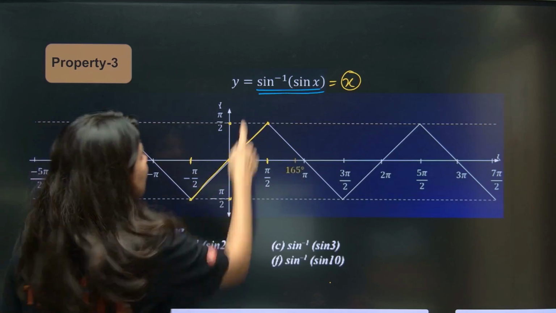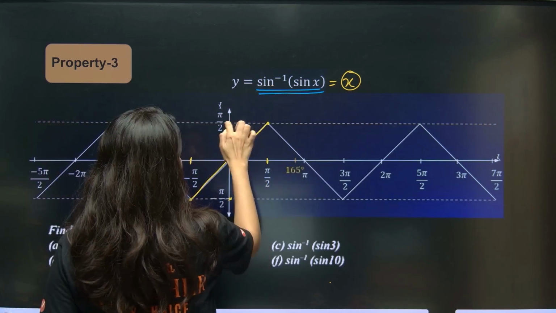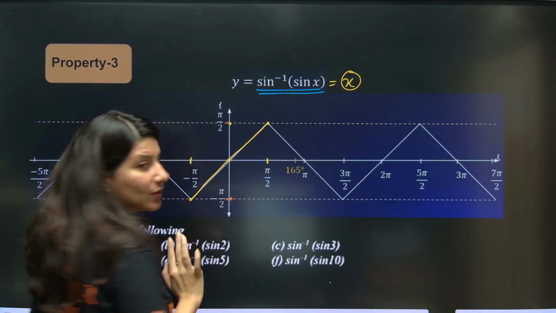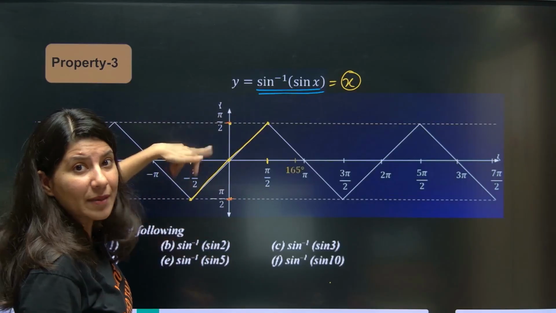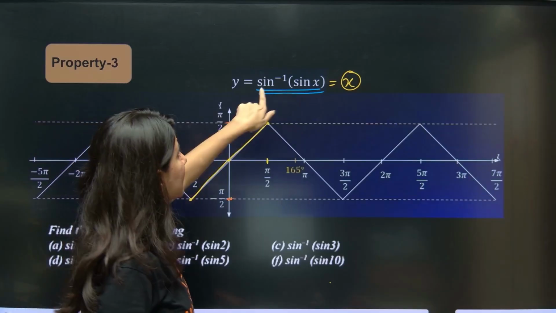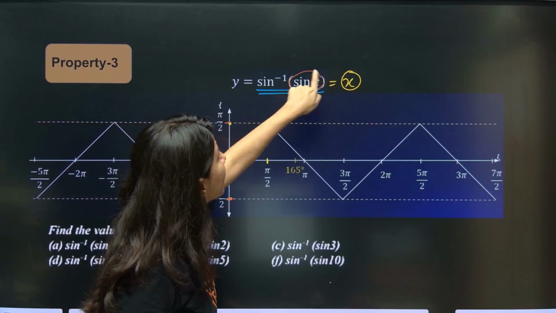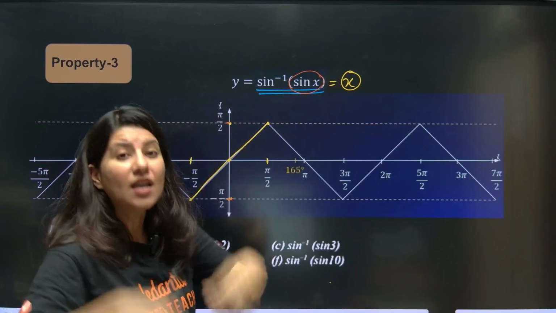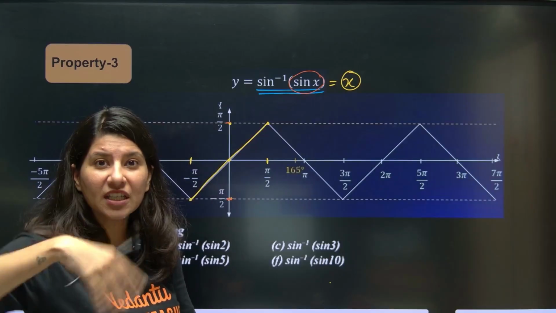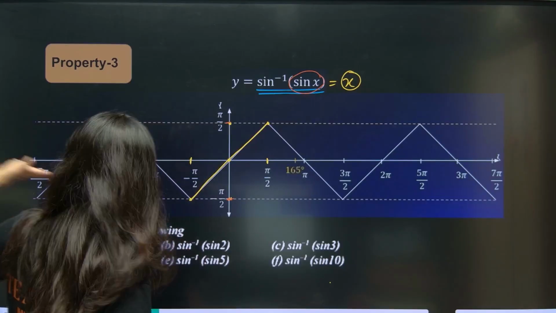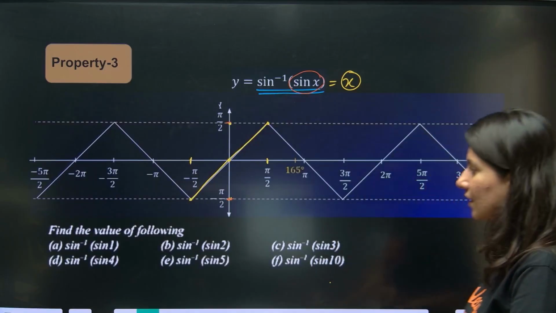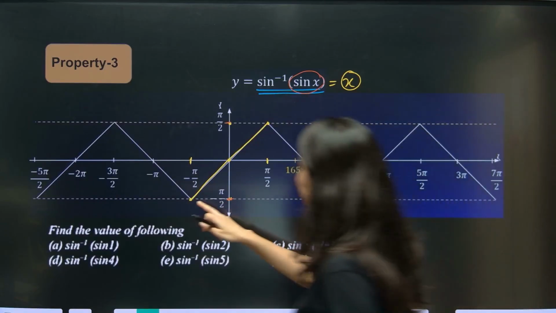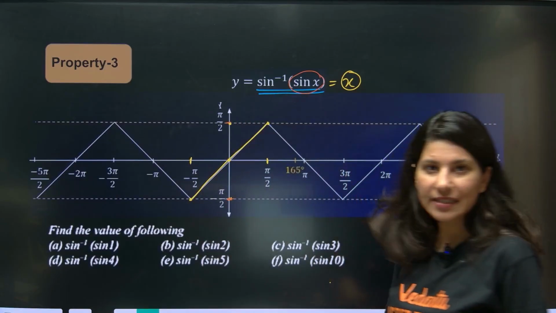But obviously, the sine inverse output is restricted between minus pi by 2 to pi by 2. That is why the y-axis is just minus pi by 2 to pi by 2. But on the x-axis, sine inverse sine x has sine x involved, and inside sine you can put every angle: 30 degrees, 300 degrees, 400 degrees. So on the x-axis, all the angles are covered. Okay, so this is clear now.